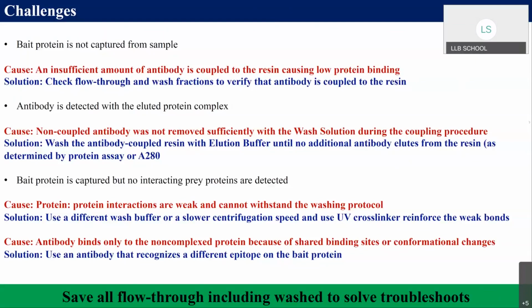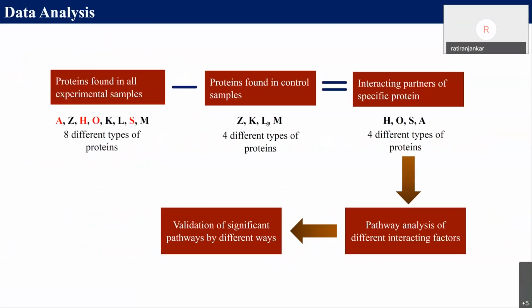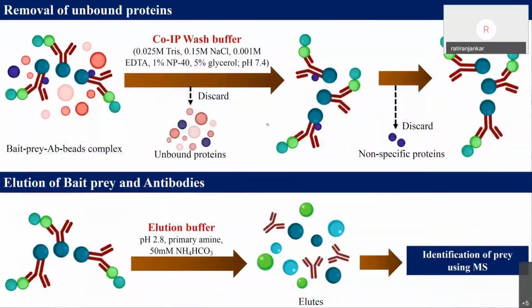Yeah, actually, there was one slide where primary amines were being used for co-immunoprecipitation or something like that, in this elution buffer. So how does this primary amine play a role in this elution buffer for identifying the particular eluates?